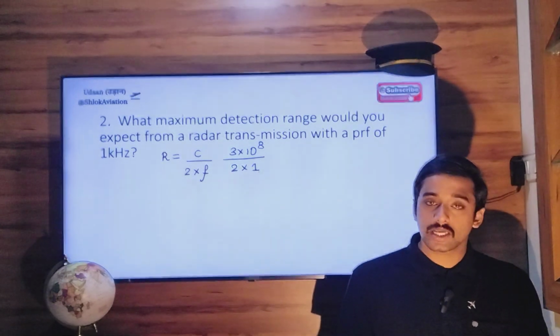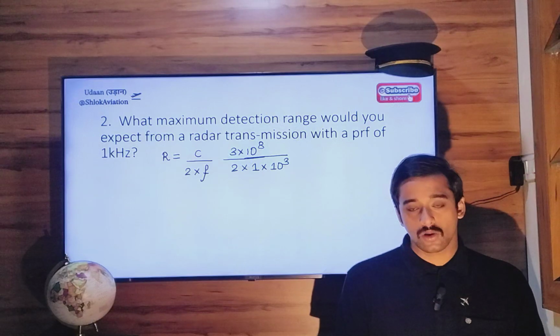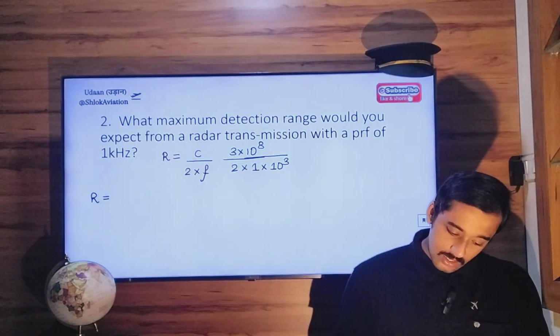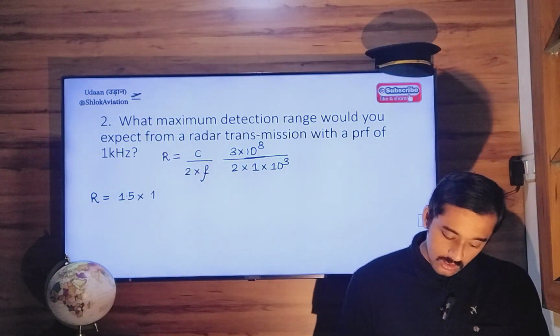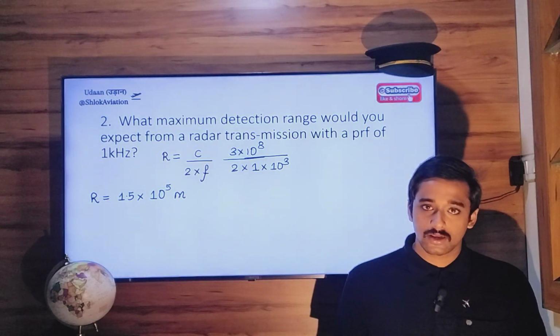Now 1 kilohertz equals 10 raised to 3 hertz, so multiply that by 10 raised to 3. All the units must be SI units. So range will be equal to 1.5 into 10 raised to 5 meters.